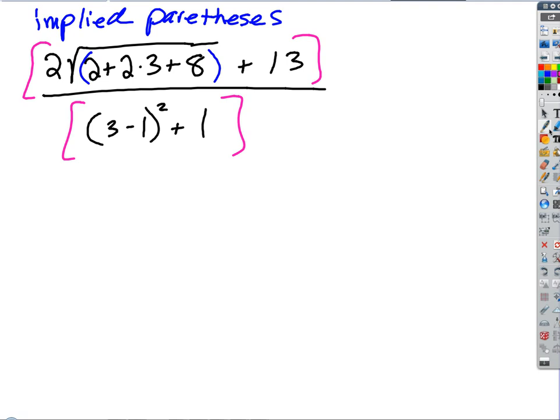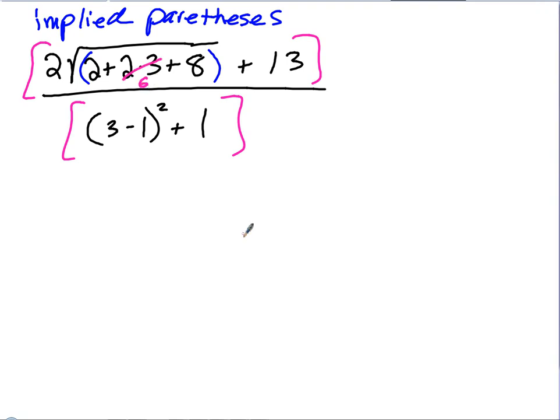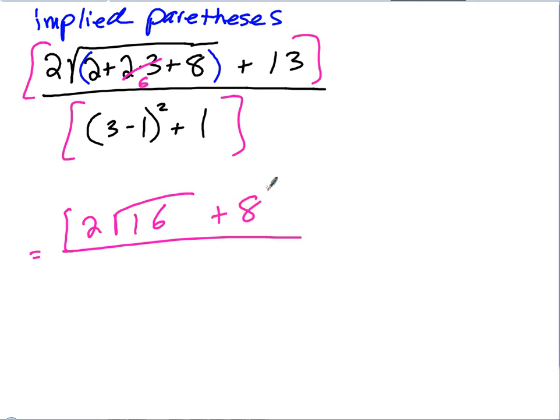If we just focus only inside the blue parentheses, first thing we do, 2 times 3 is, that becomes a 6. So then we get 2 plus 6 plus 8. 16, right? So we get, on the top, 2 times the square root of 16 plus 8. Oops, no, never mind.